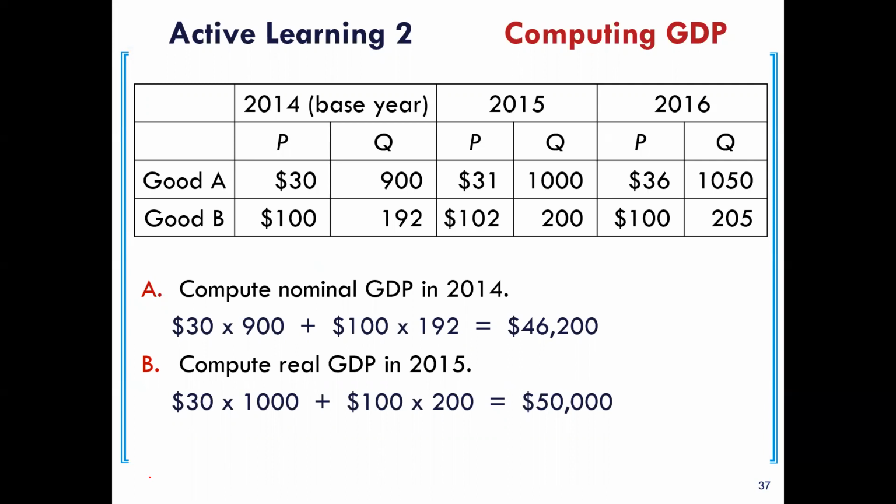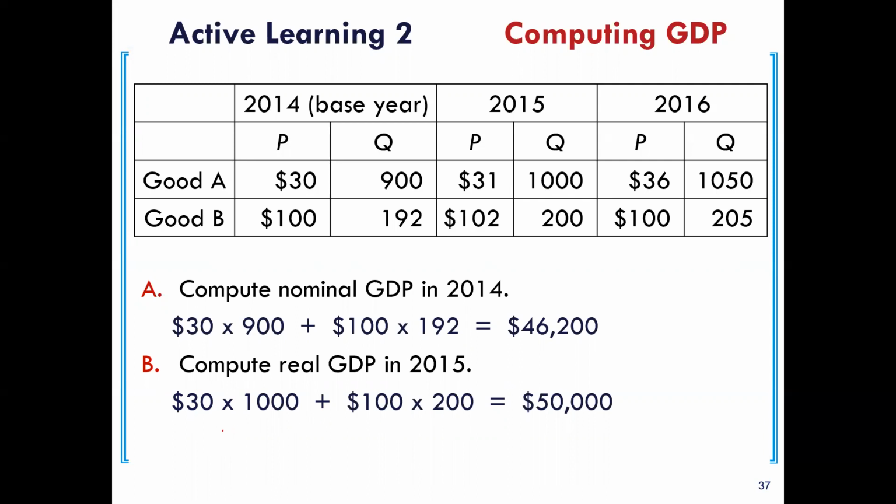For question B, we would compute the real GDP in 2015. We would compute the value of each of the goods, good A and good B, by multiplying the base year prices by the new quantities in 2015.